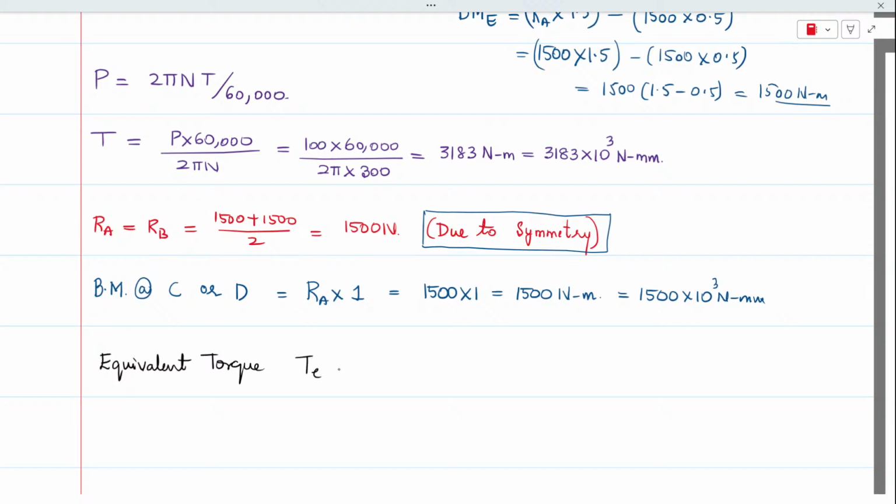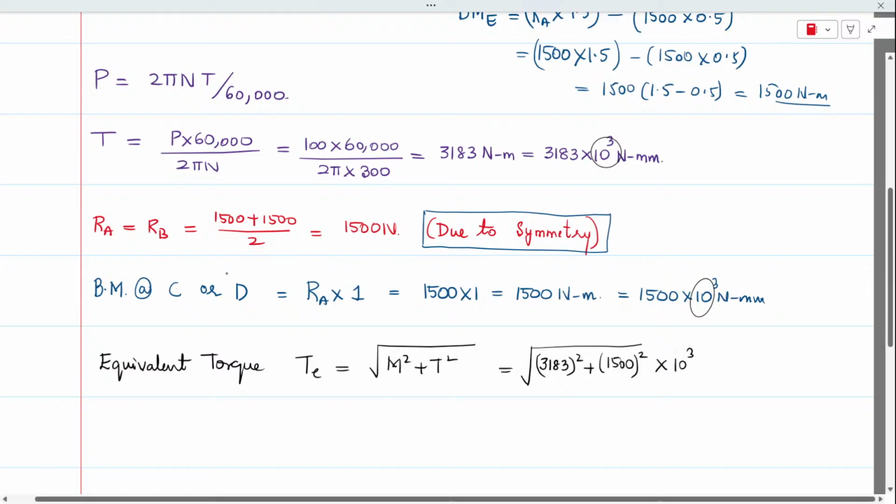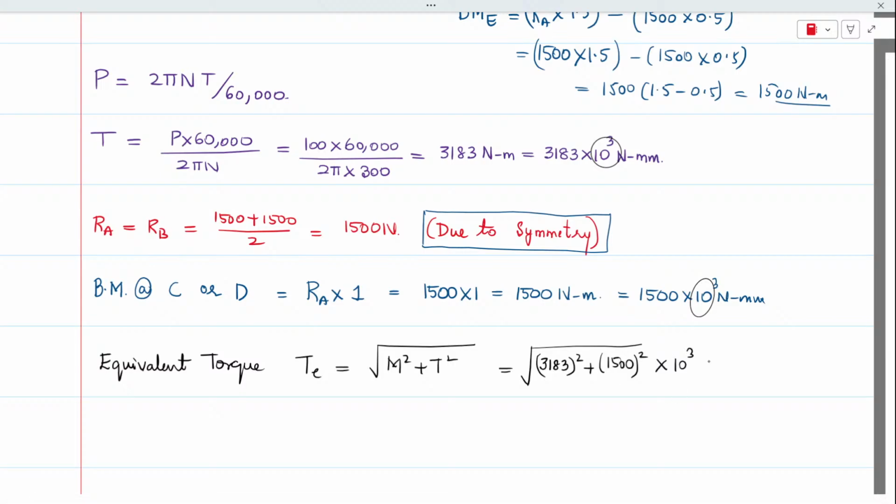So equivalent torque, that is TE, is equal to root over M square plus T square. This would be equal to 10 power 3 is common to both, so we can keep this outside. So it is 3183 whole square plus 1500 whole square into 10 power 3. So upon calculation, the value of equivalent torque would be equal to 3.52 into 10 power 6 Newton mm.